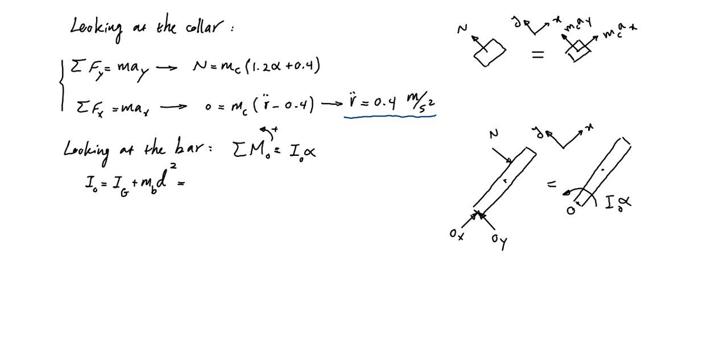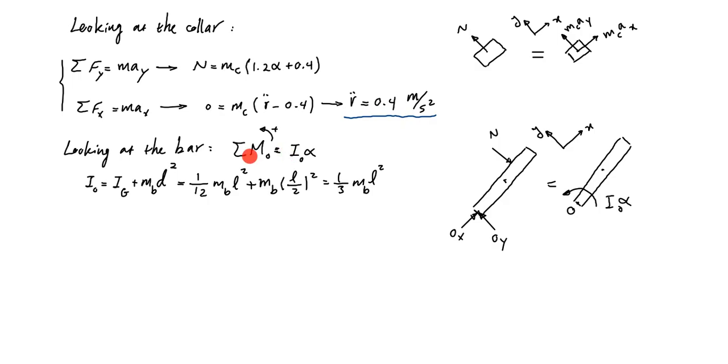So MB I used to represent the mass of the bar. So for the bar, about the center of gravity, 1 over 12 MB L squared, L being the length of the bar, plus MB times (L over 2) squared, the distance between the center of gravity and the axis I'm looking at. You do the math here, you will get 1 over 3 MB L squared. And that would be IO.